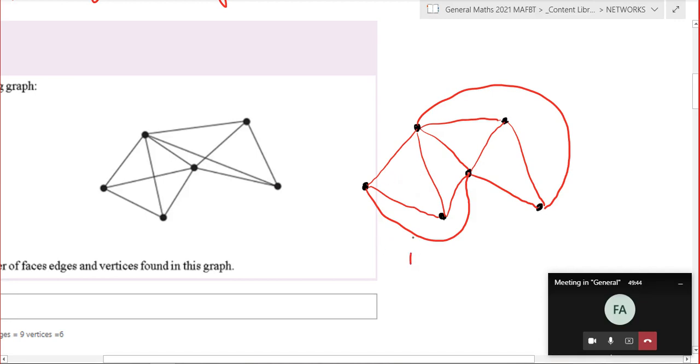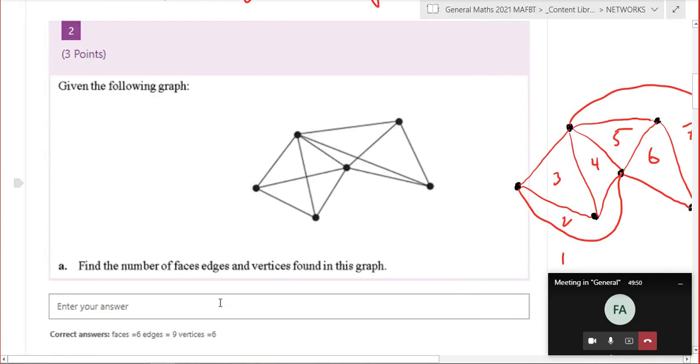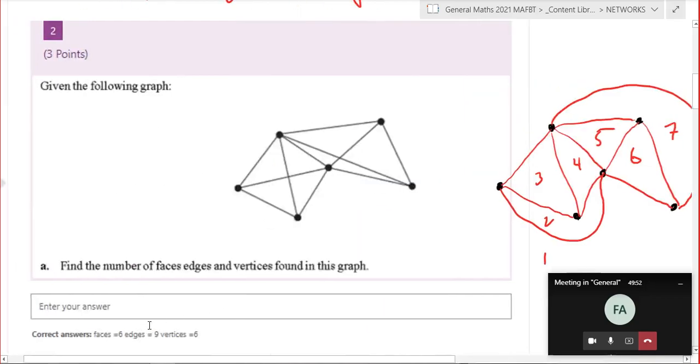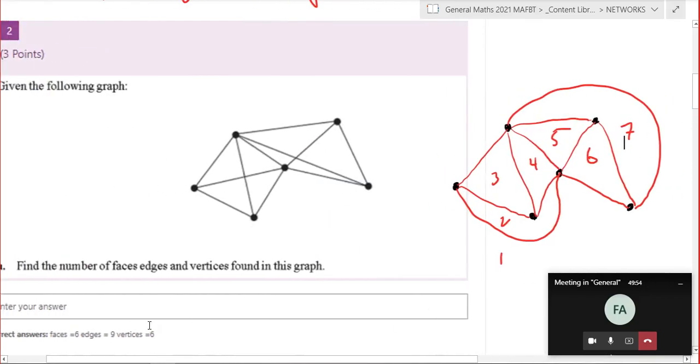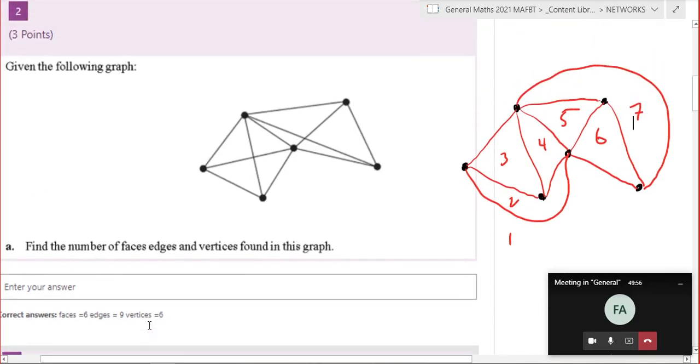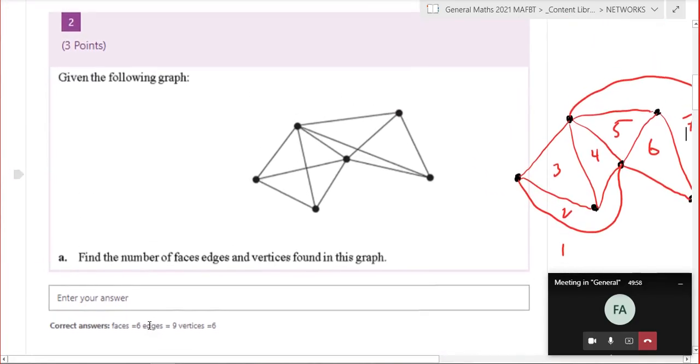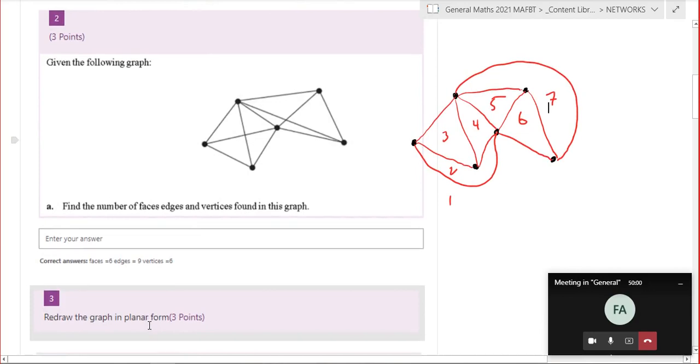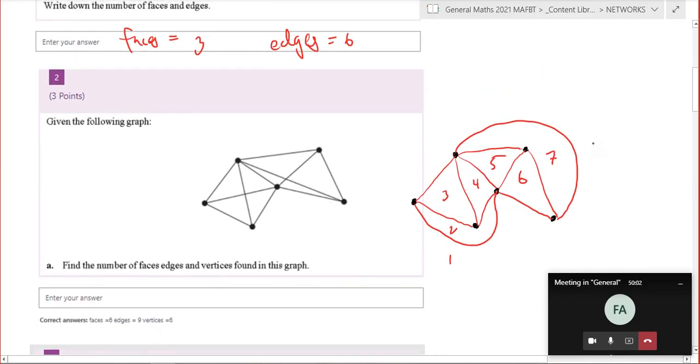So I've got 1, 2, 3, 4, 5, 6, 7. Okay, I think this might be incorrect then. Yeah, it's probably wrong. This should be 7. I think people would have had 7 as well. All right, so in that case, 7. The number of edges I can see are 1, 2, 3, 4, 5, 6, 7, 8, 9, 10.